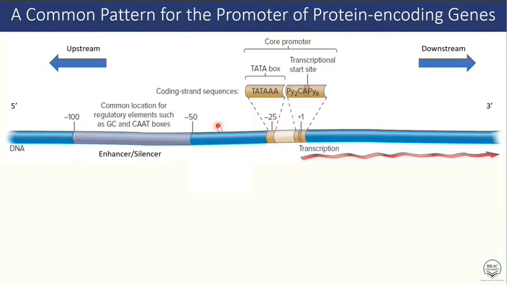And from 50 to 100 nucleotides upstream, the enhancer, the regulatory region of a gene, is found. Regulatory regions are like enhancers or silencers, the transcription factors that enhance or silence transcription, called regulatory elements.